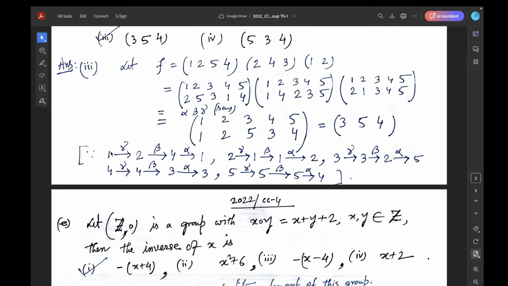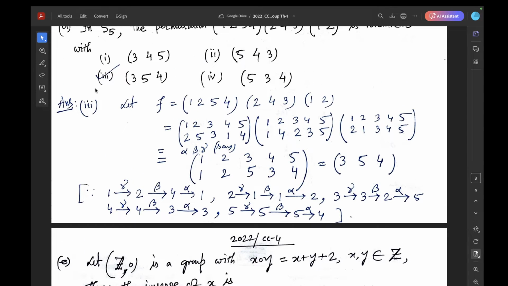So 1 to 1 for this product. And similarly for others: 2 to 1, 1 to 1, and 1 to 2, so 2 to 2. 3 to 3, 3 to 2, 2 to 5, so 3 to 5. So we get 3 to 5, 5 to 4, and 4 to 3. So we get the cycle (3 5 4), a cycle of length 3. So correct option is 3.